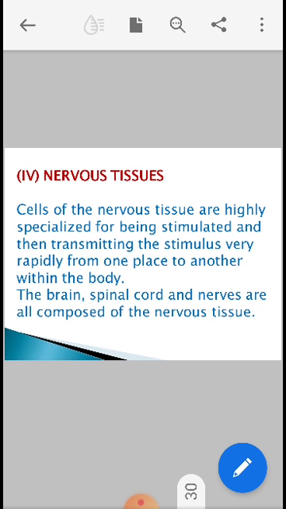So that is the function of the brain. What helps there? The brain, the spinal cord and the nerves. And what are the tissues associated with it? They are the nervous tissues. So the tissues that are related to the nerves are the nervous tissues.